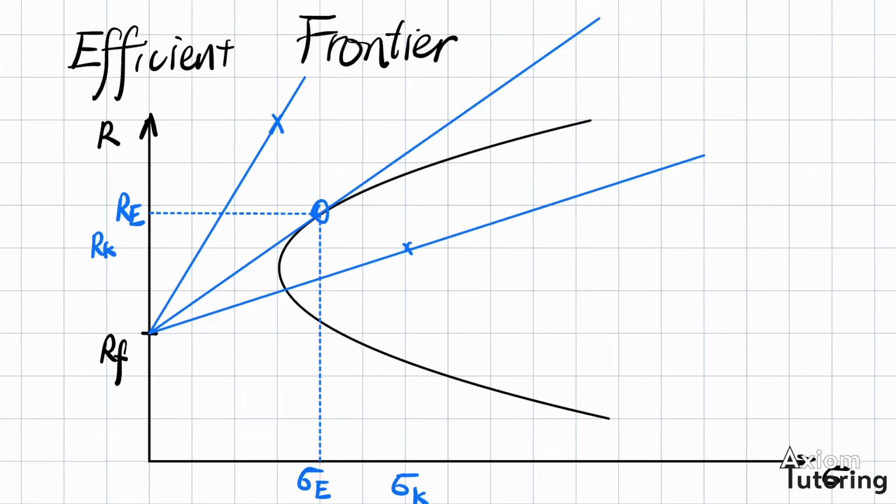Depending on their risk profile, preferences, or indifference curve, we could have somewhere here, and somewhere here as well. So this investor would be saving, and this investor here with the purple indifference curve would be borrowing.